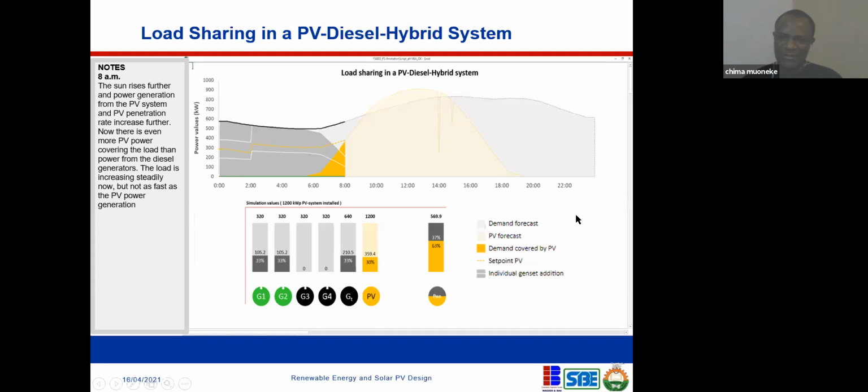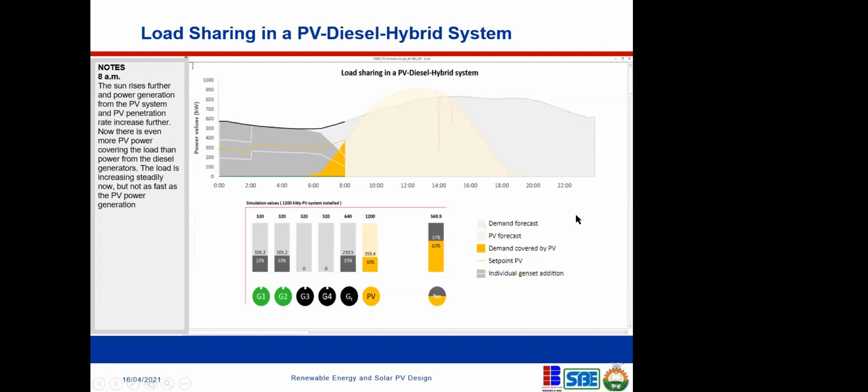Okay, I raised the hand. I have a question, sir. When doing load sharing, I think from the DB, you isolate the load that you don't want on your inverter, put them on your other lines. Like you dedicate line 1 for the inverter, and you dedicate line 2, line 3 for other loads.